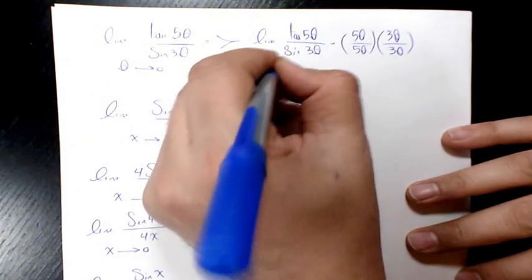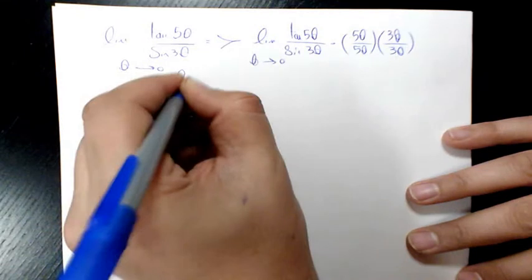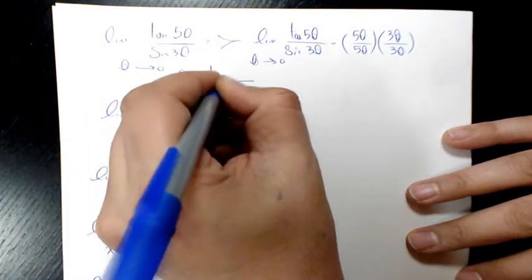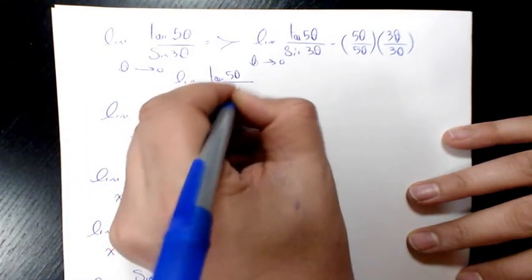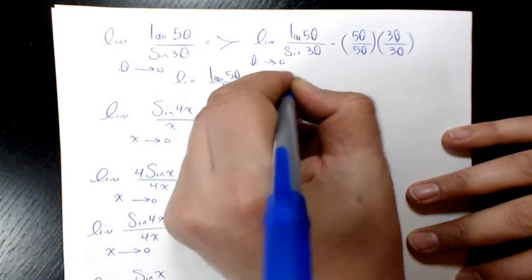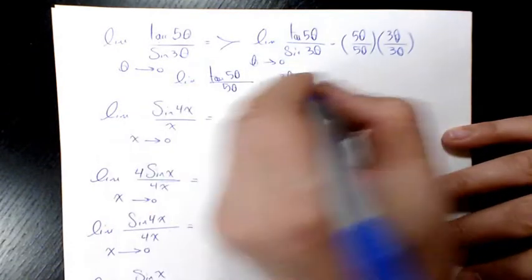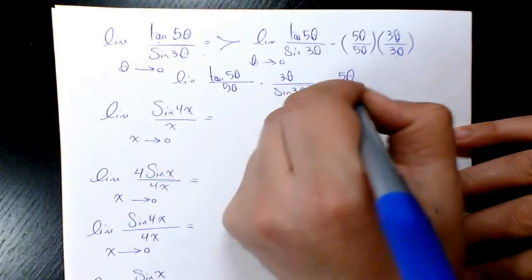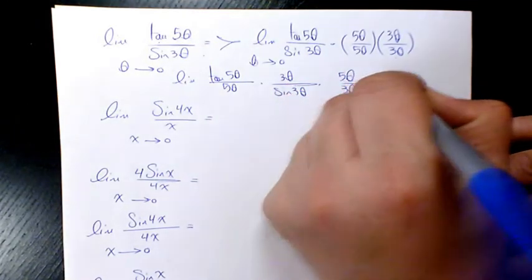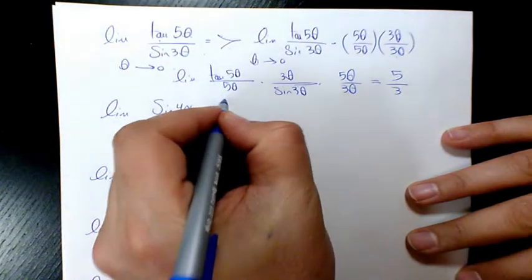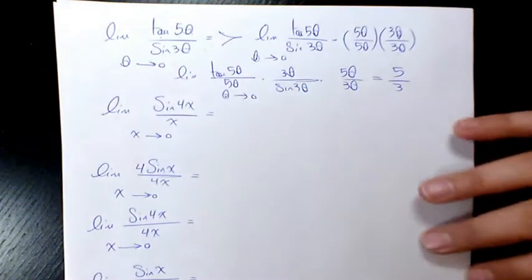So it's going to be limit of tan 5 theta over 5 theta times 3 theta over sine 3 theta, equals to 5 theta over 3 theta. The answer is going to be 5 over 3 when theta is approaching 0.